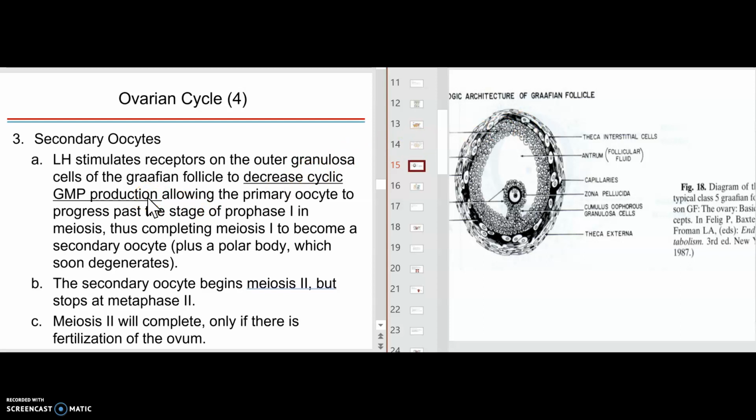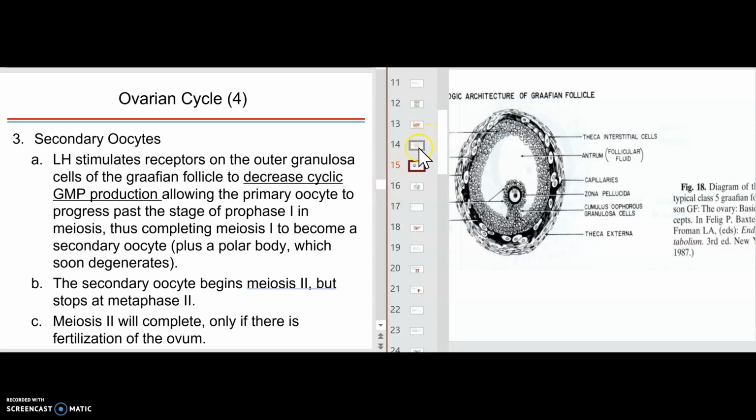Now remember, the cyclic GMP produced by these cells was what held the oocyte in prophase 1. And when you decrease the cyclic GMP, which luteinizing hormone did, that allows this primary oocyte to go further into meiosis.